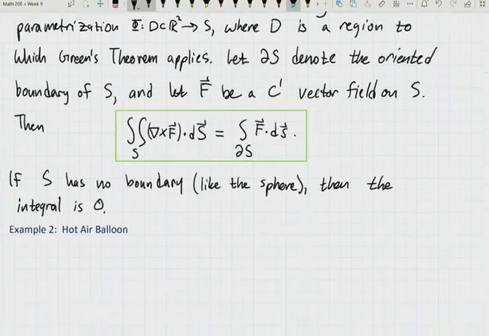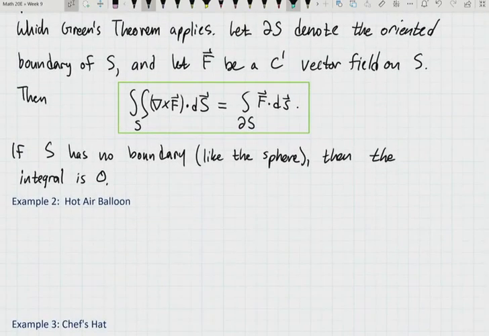Okay, so here's an example. How about we let F equal y plus z squared, negative x plus 2z, and sine z.